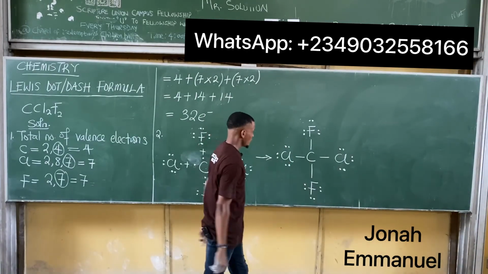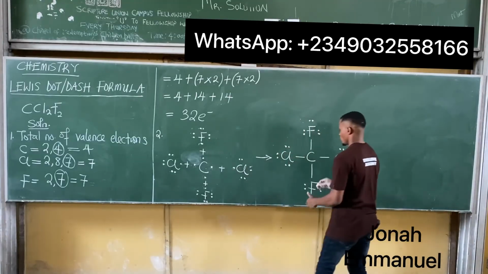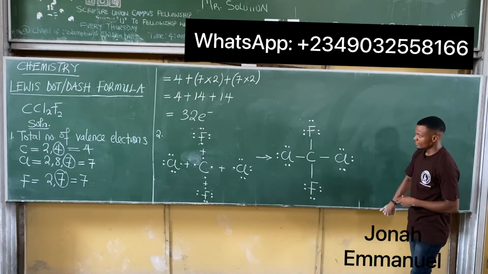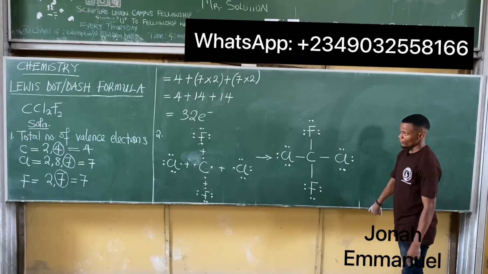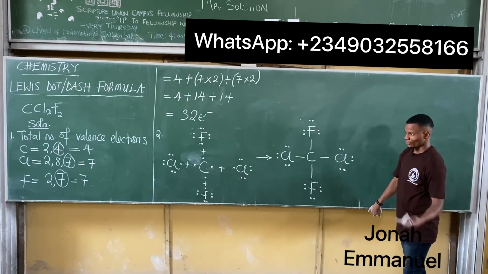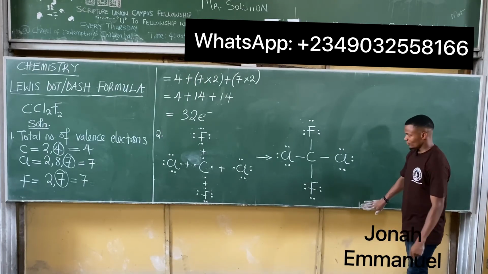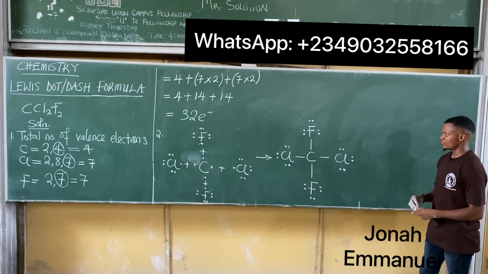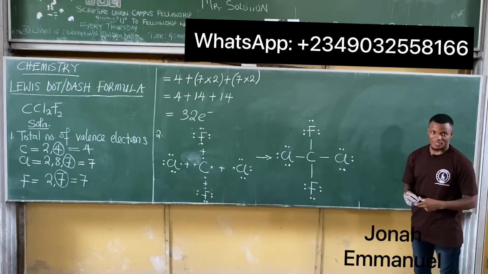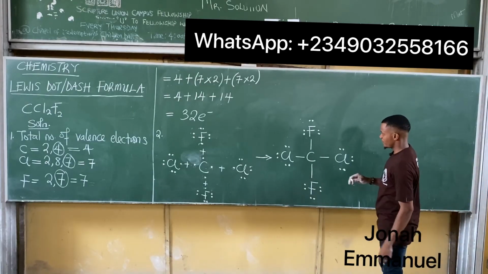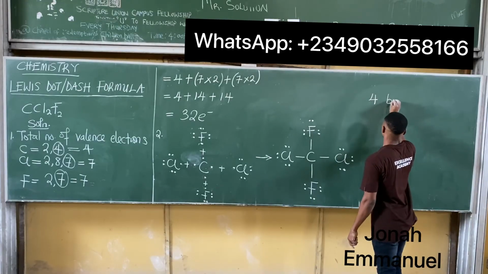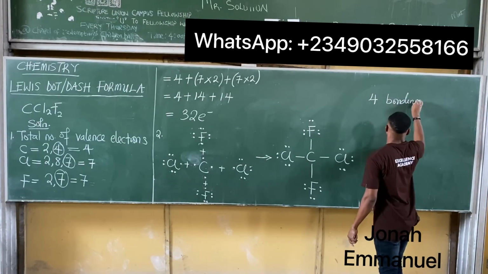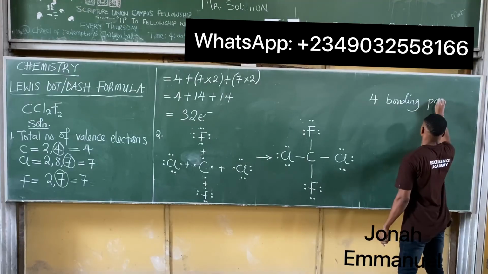So with this, we've gotten the Lewis dot structure for dichlorofluoromethane. So how many bonding pairs do we have? How many lone pairs? For bonding pairs, we have 1, 2, 3, 4, so 4 bonding pairs.